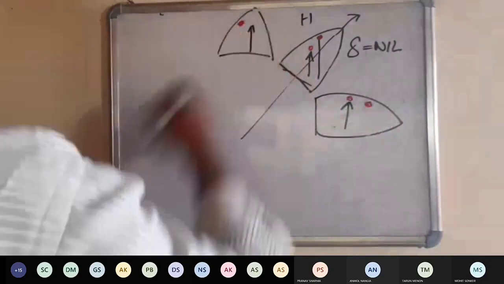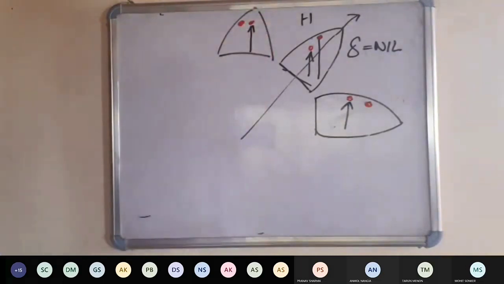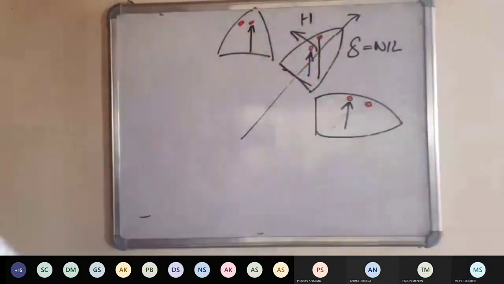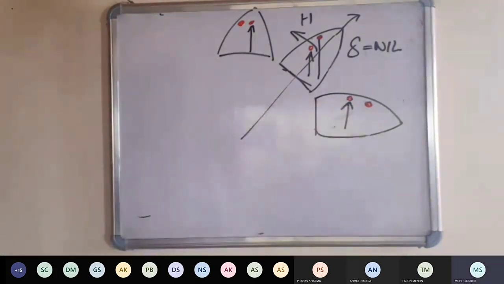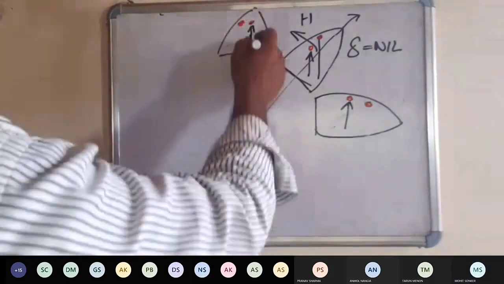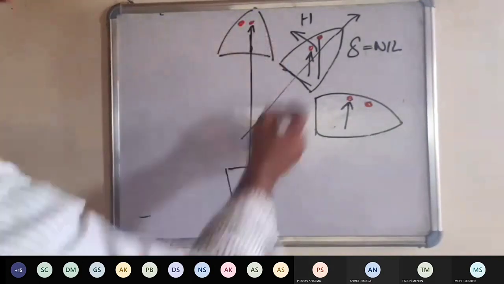Sir, below will be westerly and above will be easterly. So again, to the left, what are we having? Easterly. And to the right, what are we having? Westerly. Exactly.